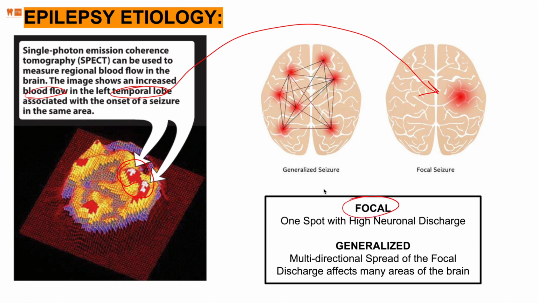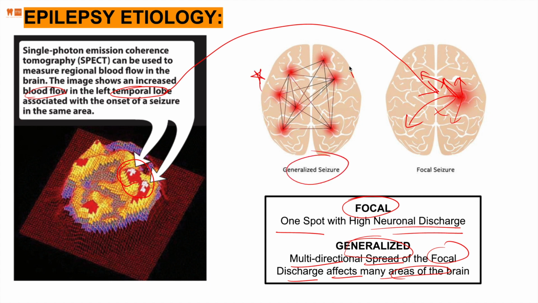Bringing ourselves to the focal area, it is the one spot with high neuronal discharge and then spreading to other areas later on. However, generalized epilepsy is basically where it's a multi-directional spread of one focal discharge that affects many areas of the brain over on the other side of the hemisphere as well, such as this meshwork here.